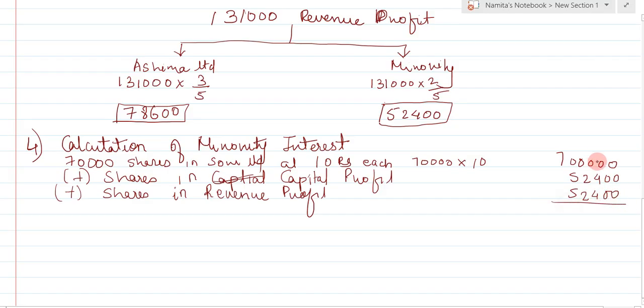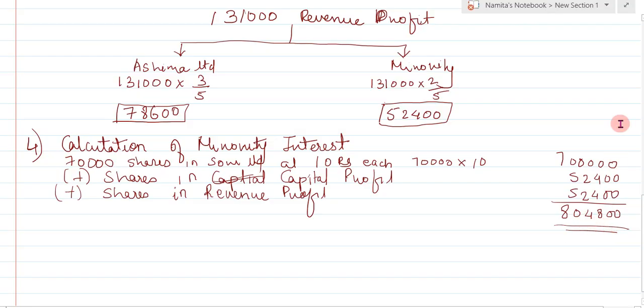So add 7 lakhs plus 52,400 plus 52,400, we get 8,04,800. So this is the minority interest, the calculation of minority interest.